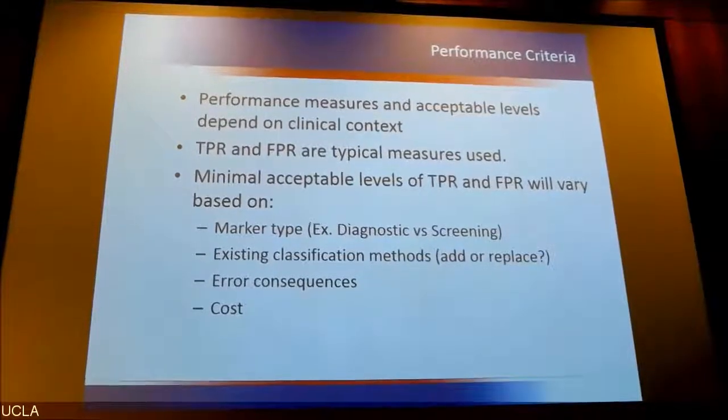It also may depend on the error consequences. If we have a false negative in a clinical workflow, that may create a huge problem for the patient. The other thing is cost: how much added value for an increase in a particular level of sensitivity or specificity is going to cost.